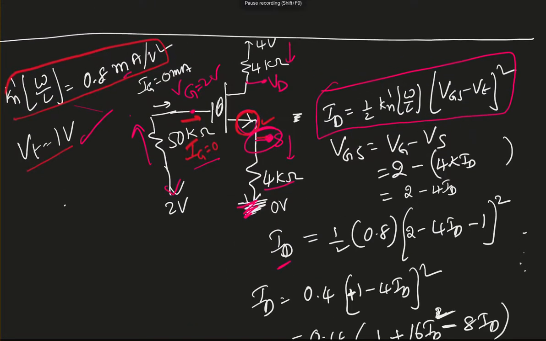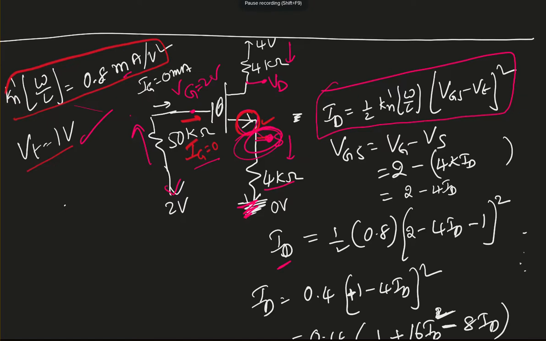While doing AC analysis, there are two ways. One is you can do the pi model, similar to the BJT, or the T model. We will use the pi model as long as the source terminal is grounded while doing AC analysis. We can do the T model too.